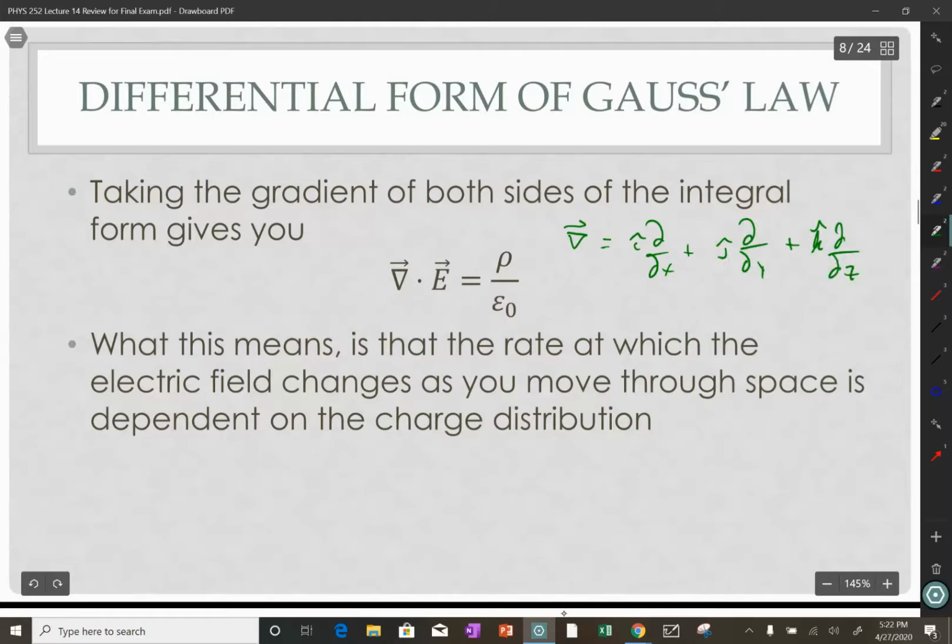So if my electric field was x squared j hat plus x k hat, then my electric field only depends on x. Since it's a dot product, I'd be doing d/dy of x squared. Well, x is a constant, that's 0. And then d/dz of x, that's also 0. And so I would have had 0 for that case.